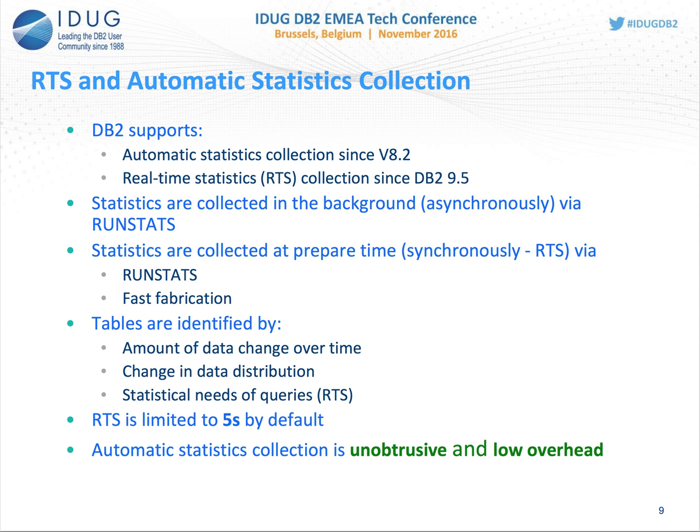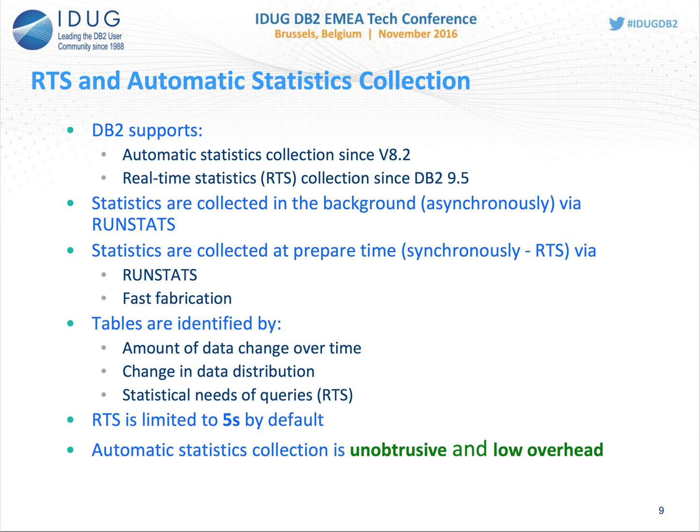There's actually sort of two forms of this automatic stats. There was the original one that was introduced in version 8.2. I'll talk more about what the differences are. And then this additional form of automatic collection called real-time stats was added in 9.5.